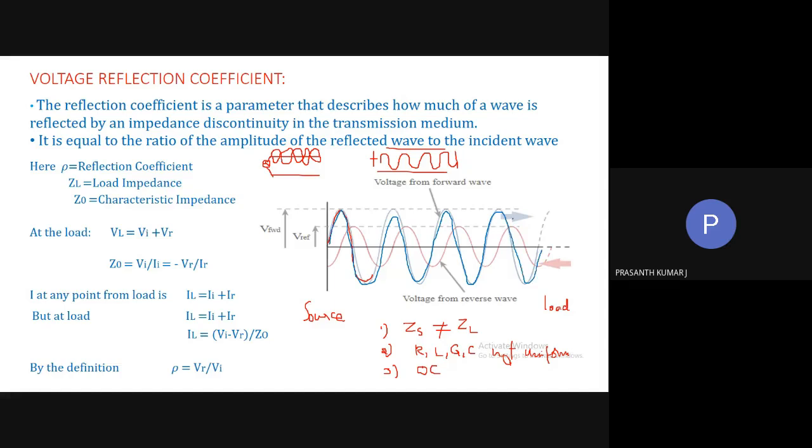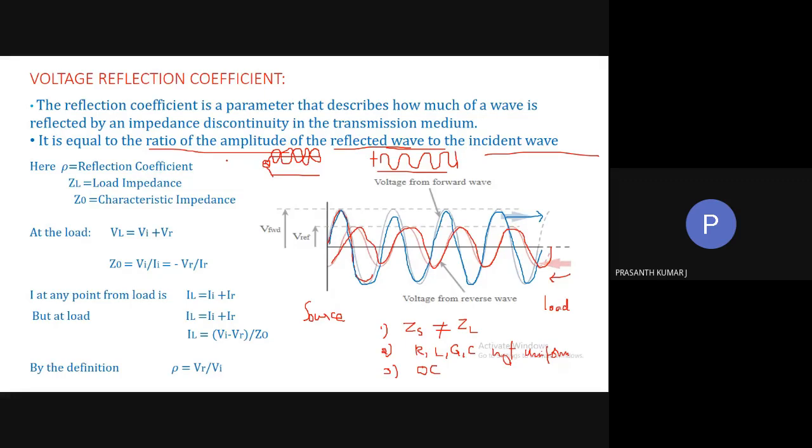This is indicated by this blue color arrow mark. When there are reflections, this will reflect back. The red color indicates the reflected wave, or the reverse wave. See the color difference: blue color indicates forward wave and red color indicates reflected wave. Now here, the reflection coefficient is defined as the ratio of the amplitude of the reflected wave to the incident wave.